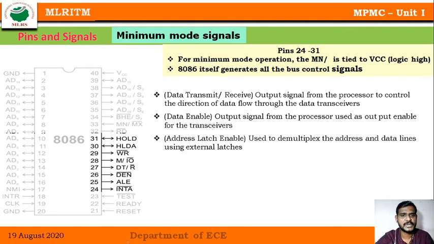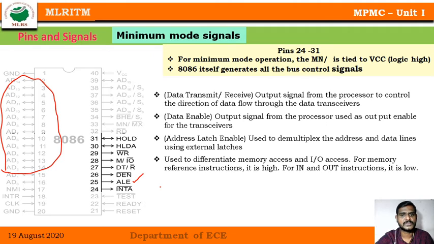Using pin number 25 only, we can know what type of information is being transmitted on the multiplexed address/data bus, whether it is data or an address, and this is known by the address latch enable signal. And this is used to define a memory access or an IO access.